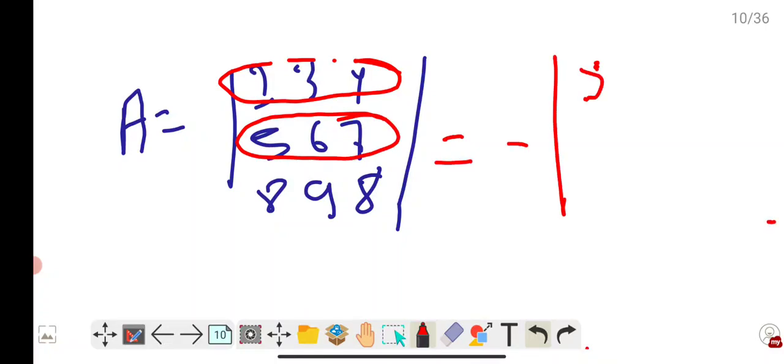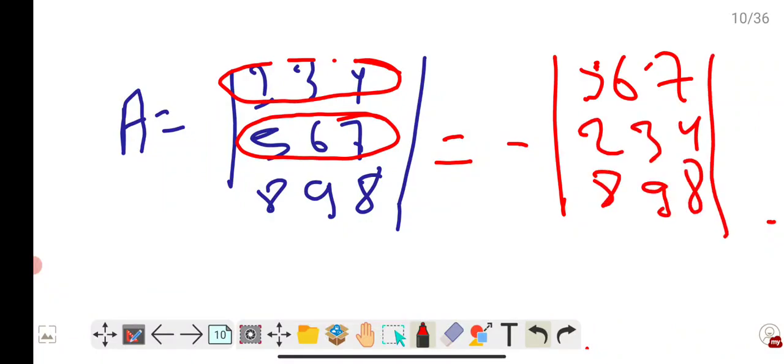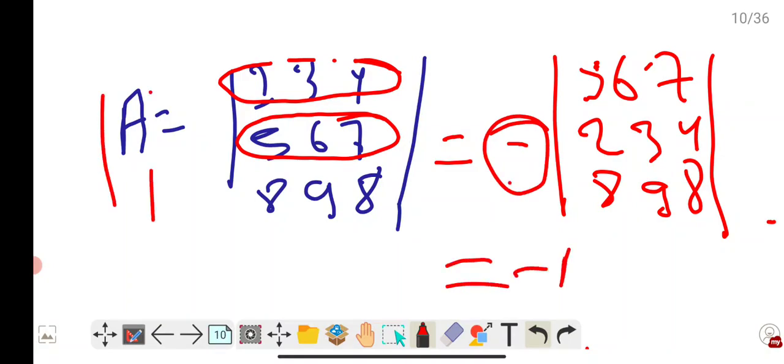We have 5, 6, 7, 2, 3, 4, 8, 9, 8. Then we just have to change what? Here comes the minus sign. The new determinant value will be minus times the value of determinant A. Simply this much will be the change.